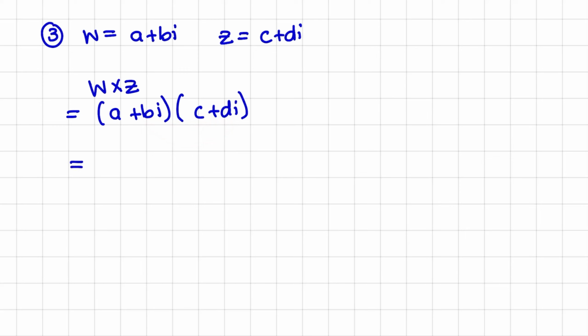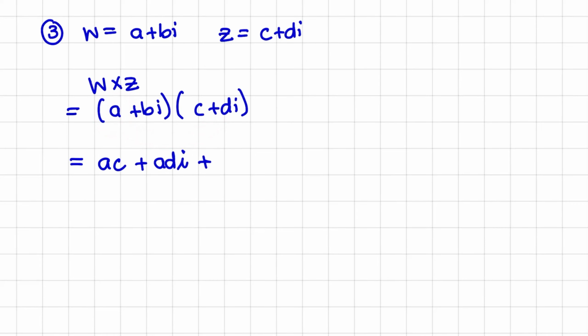So it will be A times C, which is AC, plus A times Di, which is ADi, plus Bi times C, which is BCi, plus Bi times Di, which is BDi squared. Now remember that i represents the square root of negative 1.